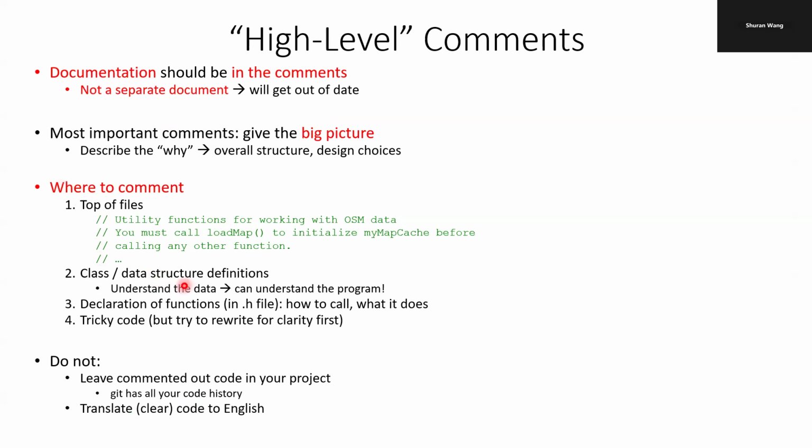classes and data structures. And remember, these also have big chunks of block comments before them, because usually understanding the data means you can understand the program. For example, if we take the function we wrote last week as an example, we ended up creating a global variable that stores a vector of vectors and we're returning it.